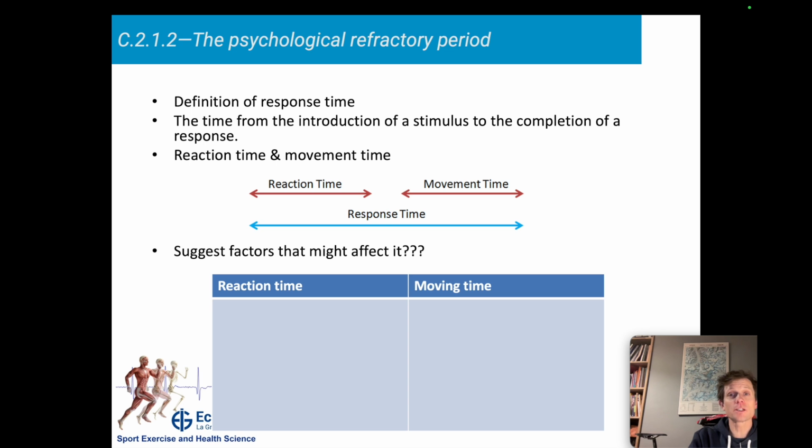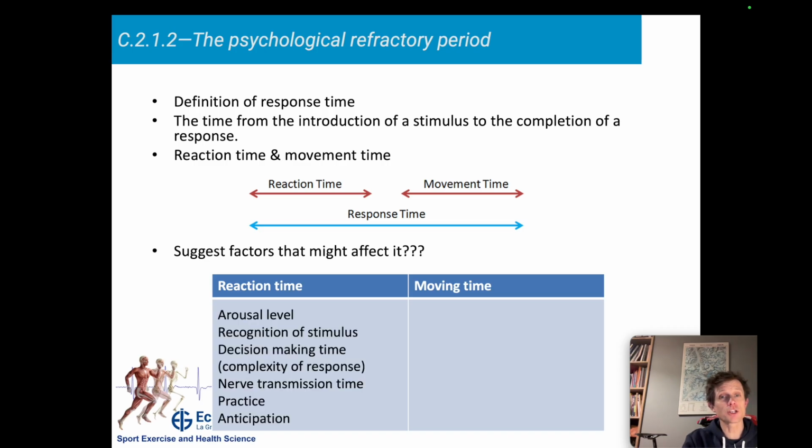If we think about factors that are going to influence response time, we can split this again, thinking about factors that are going to influence reaction time and factors that are going to influence moving time. Factors that are going to influence reaction time are things like our arousal level, the ability to recognize the stimulus, the decision-making time, i.e. the complexity of the response, so how many different options are provided, the nerve transmission time, the amount of practice we've had, and any element of anticipation that we might be able to use.